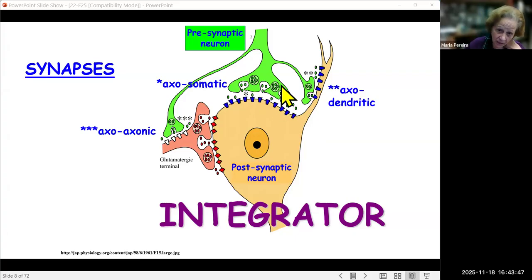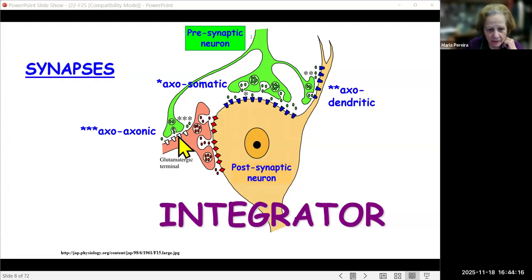If the axon terminal synapses with the cell membrane of the postsynaptic neuron, then this is axosomatic. Somatic means cell body. And then you have axoaxonic, where the presynaptic axon synapses with another axon right here, at the axon terminal.